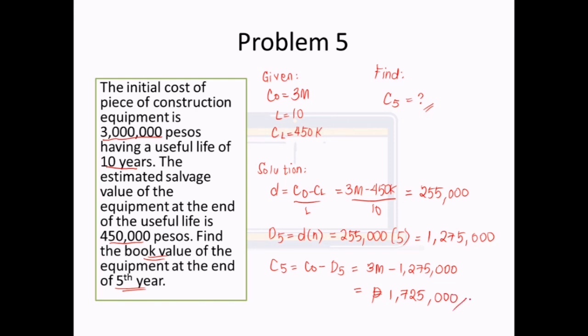So that will be the final answer. We have the book value of the equipment at the end of the 5th year of 1,725,000 pesos. Just remember, the book value is the remaining value after all the deductions have been made from the initial cost of a property or an asset.